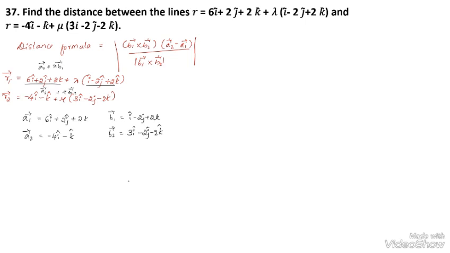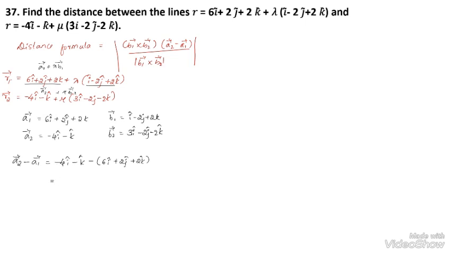Okay. Now, first I can find the vector a2 minus vector a1, that is minus 4 i cap minus k cap, minus of a1, that is 6 i cap plus 2 j cap plus 2 k cap.